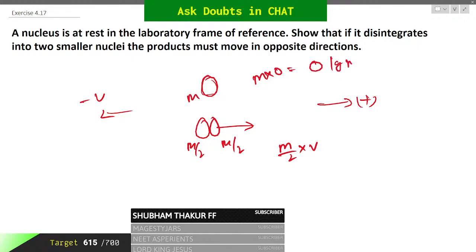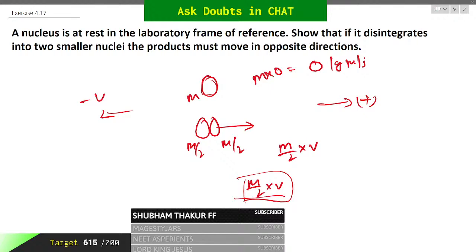kg meter per second. And since one body is moving with the speed of v in the positive direction, the momentum of this body would be m by 2 times v. This positive momentum must be countered and brought to 0 according to the conservation of momentum, so that the conservation of momentum is valid.